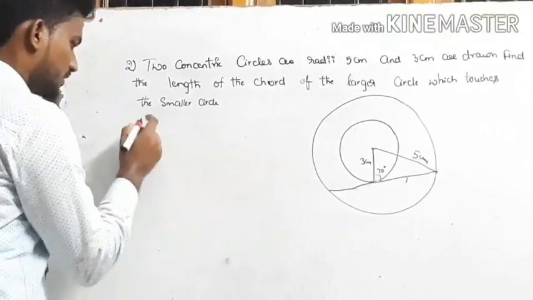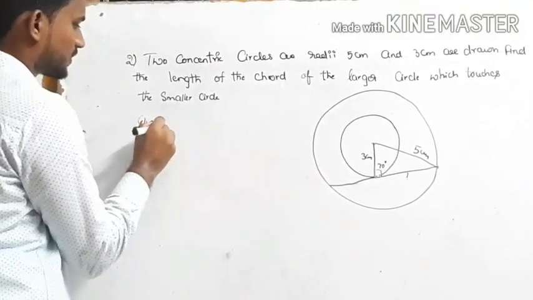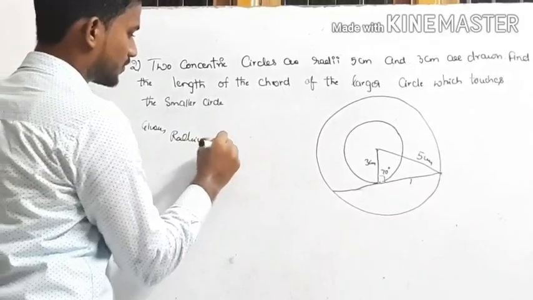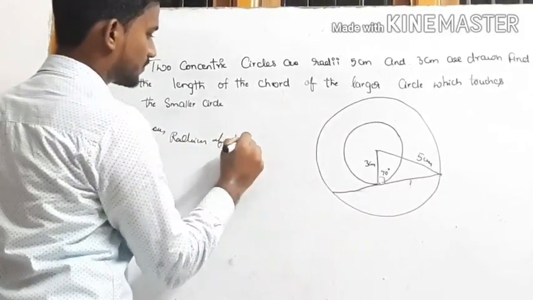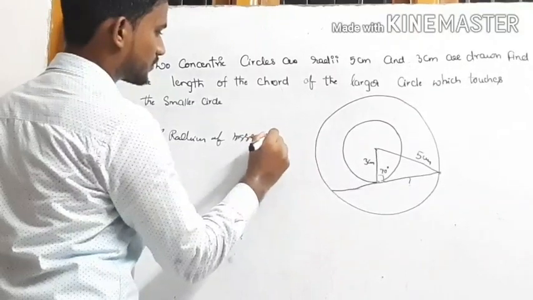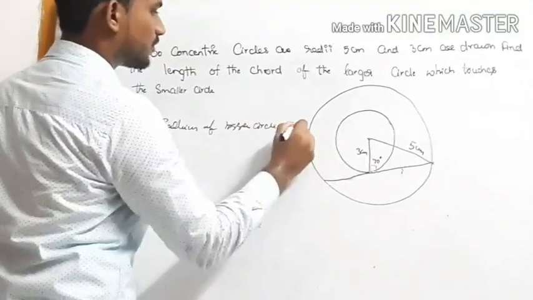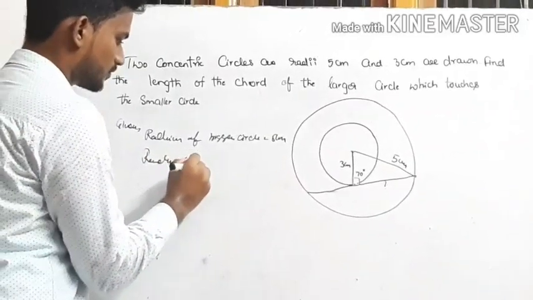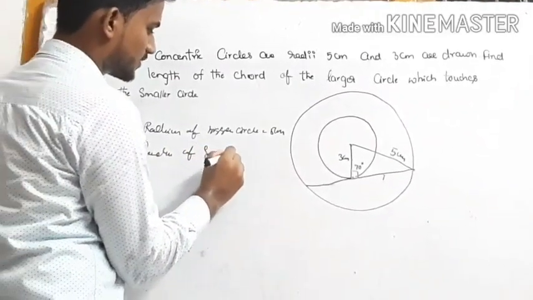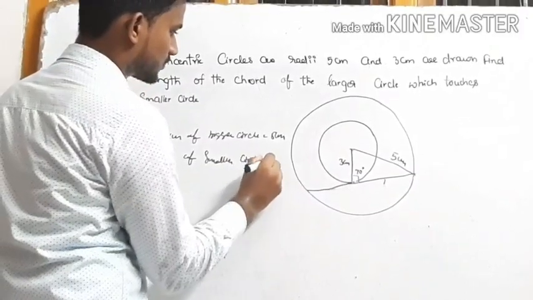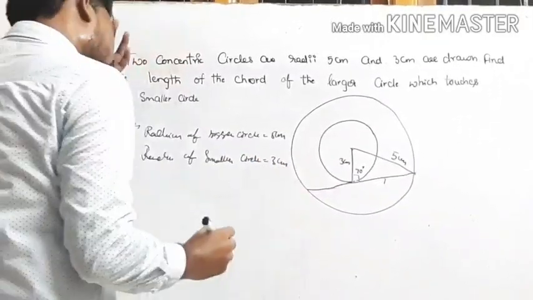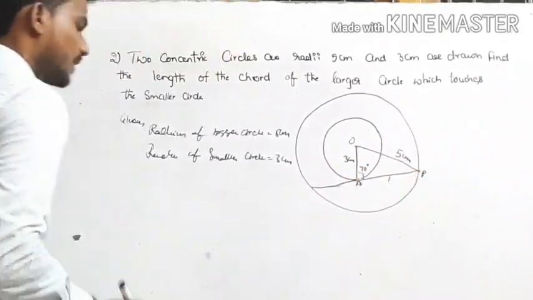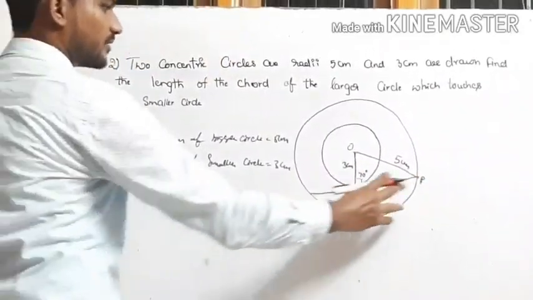First, given: the radius of the bigger circle equals 5 centimeters, and the radius of the smaller circle equals 3 centimeters. We can note this also. Consider triangle OAP. Then we want to find AP.